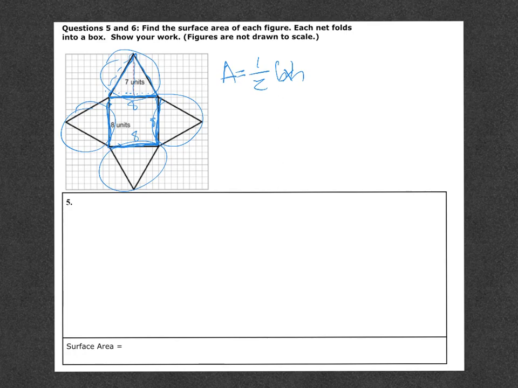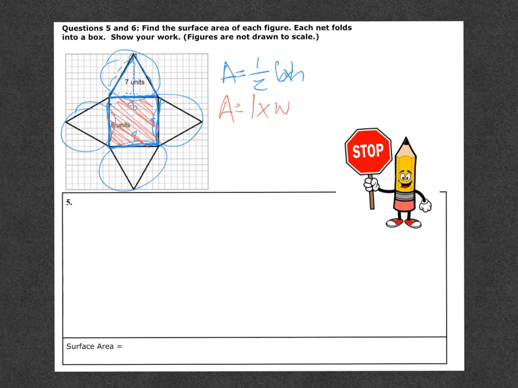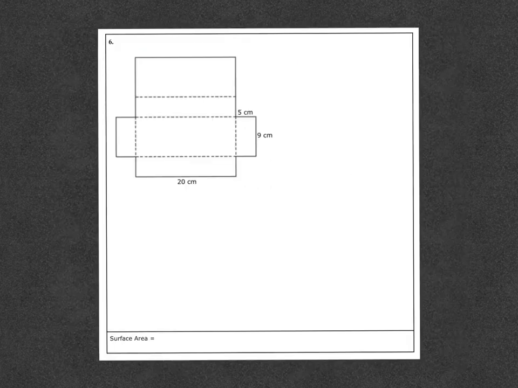Then you need to solve for the area of the square. Remember, for an area of a square is length times width. Then you add everything together. Hit pause, solve the problem. Once you've finished, go on to the next one.